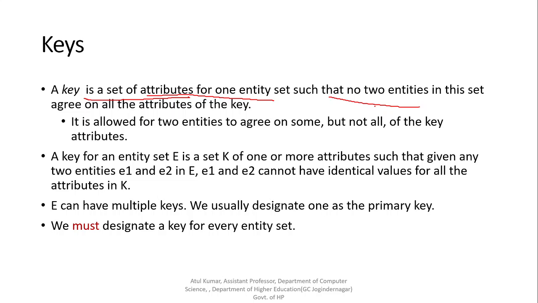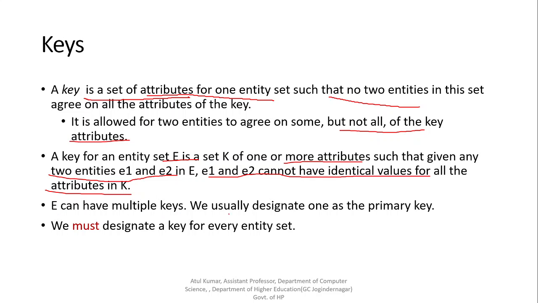So it is allowed for two entities to agree on some attributes but not all of the key attributes. A key for an entity set E is a set K of one or more attributes such that given two entities E1 and E2 in E, E1 and E2 cannot have identical values for all the attributes in K. So E can have multiple keys.